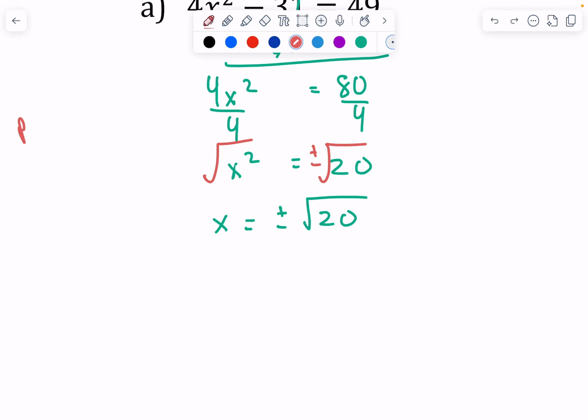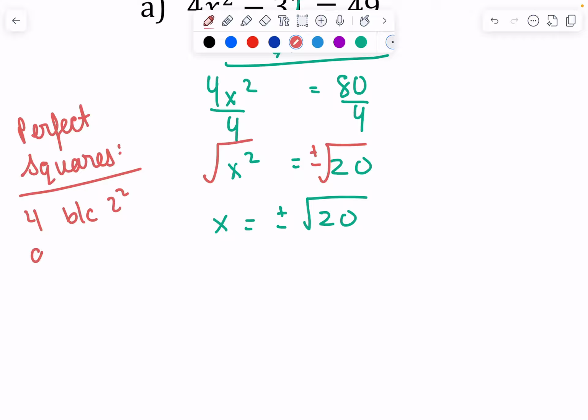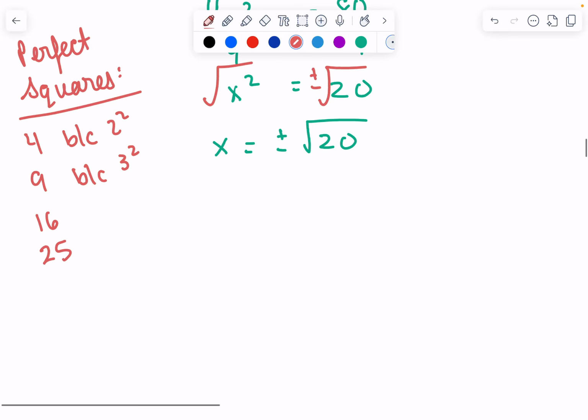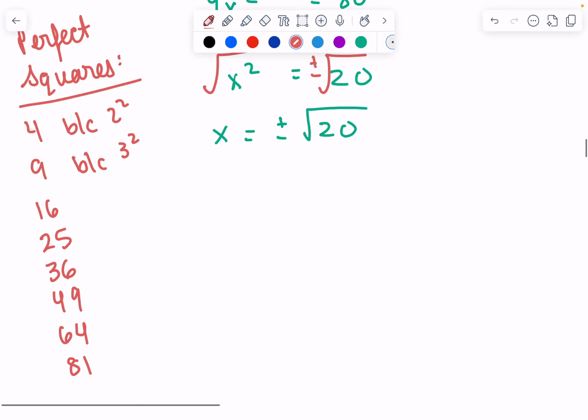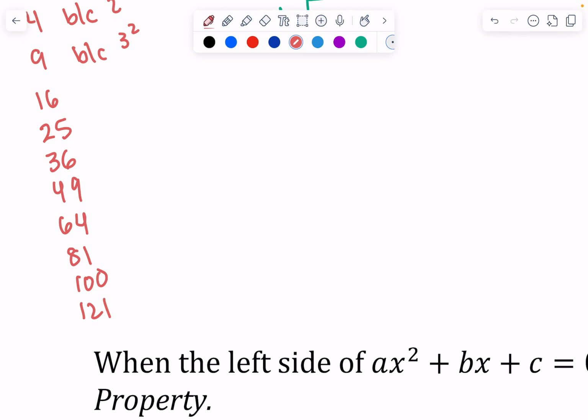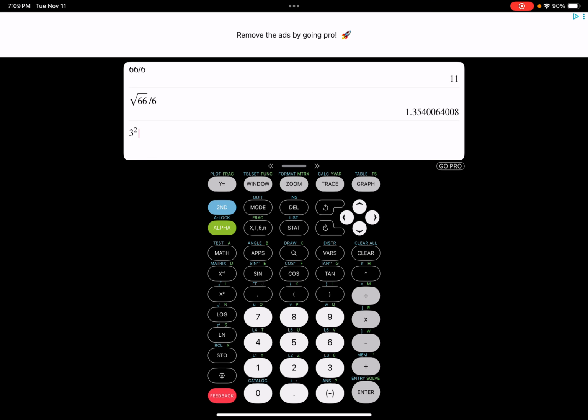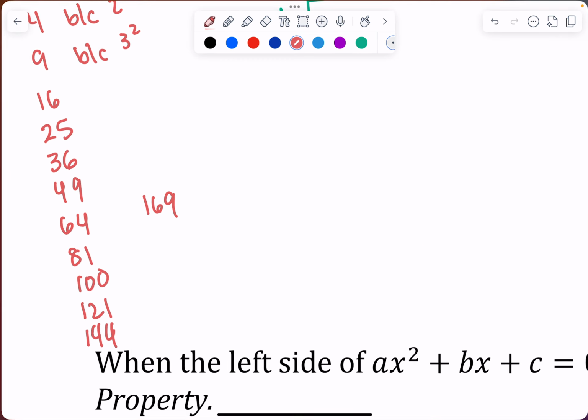So some of the perfect squares, if you wanted to make a list, are 4, because 2 squared gives you 4, 9, because 3 squared gives you 9, 16 from 4 squared, 25 from 5 squared, 36 from 6 squared, 7 squared is 49, 8 squared is 64, 9 squared is 81, 10 squared is 100, 11 squared is 121, 12 squared is 144, 13 squared is 169, and so on.